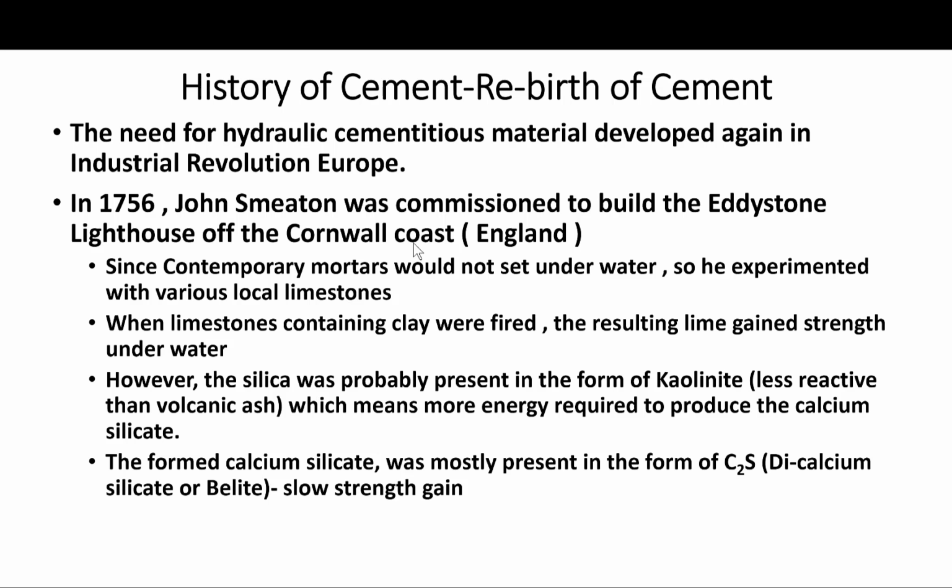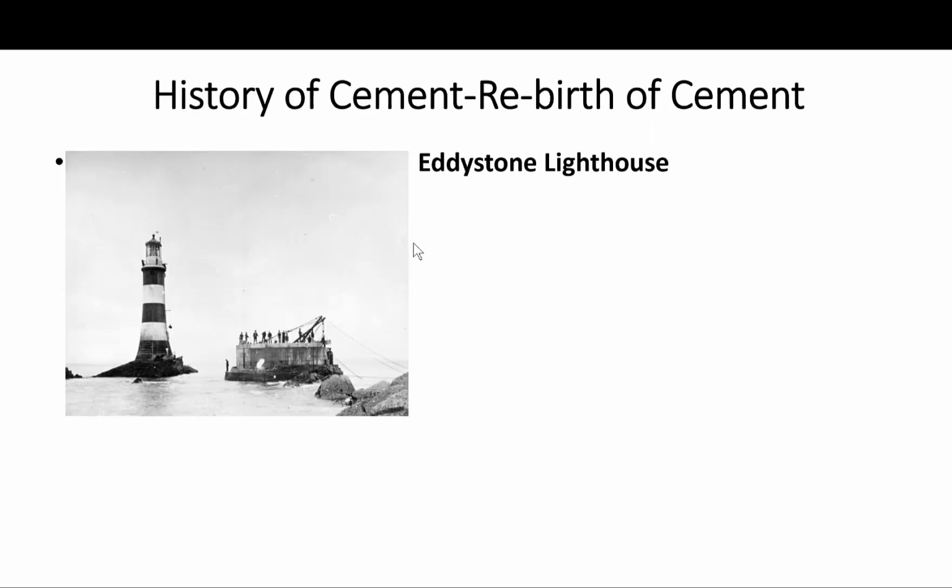We will talk about this later. This is the mineral, as I said, we will discuss later. It gains strength slowly, and that was a disadvantage. This is the Eddystone Lighthouse.